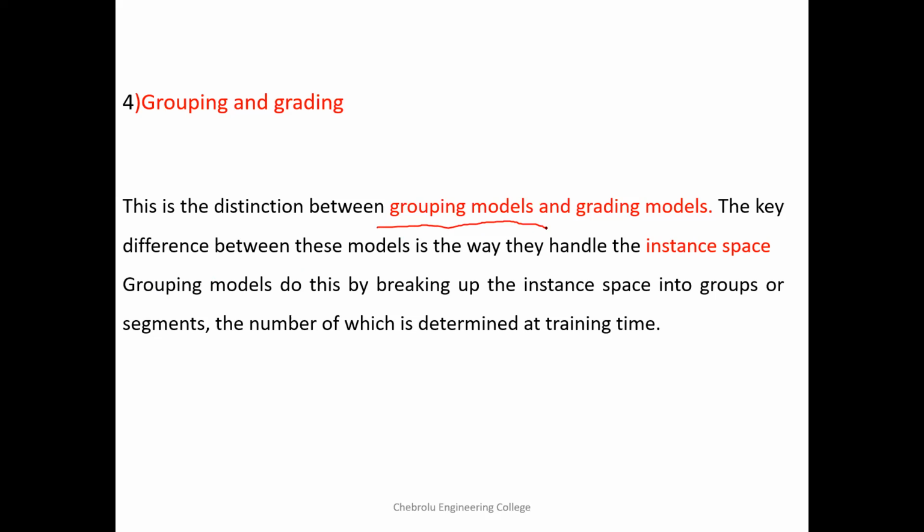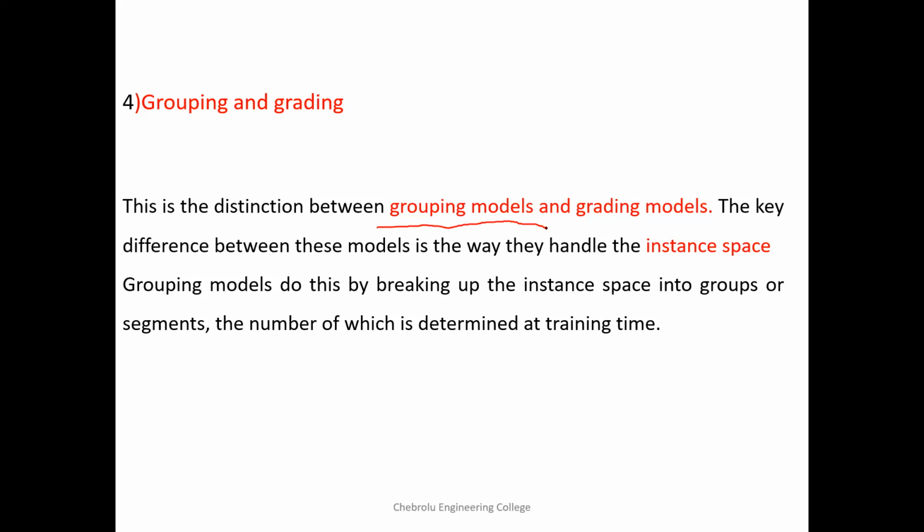Grading means not exactly alike, but similar items, so it is to know better. Grading is slightly different; there is a small difference between grouping and grading. Grouping means all must be of one type, like integers. All integers can be grouped into one.